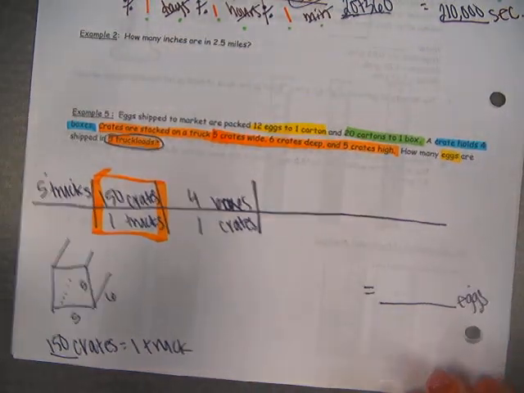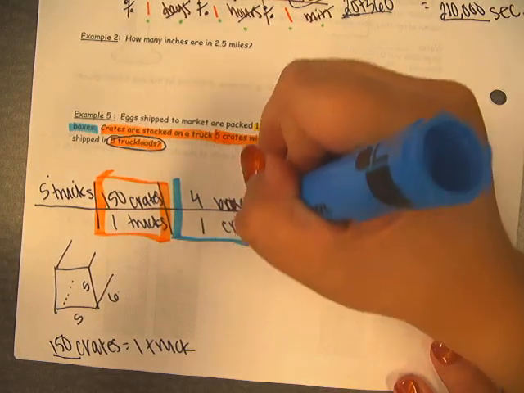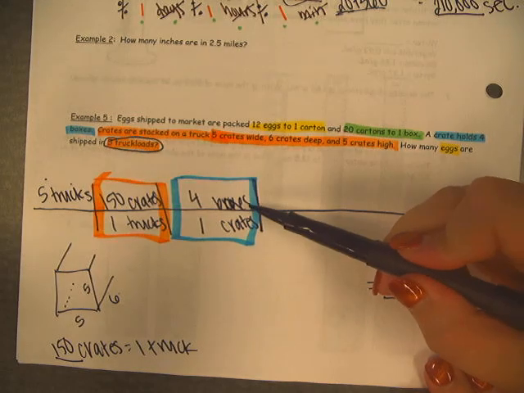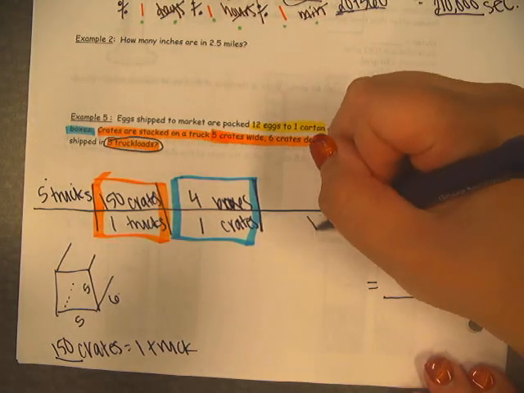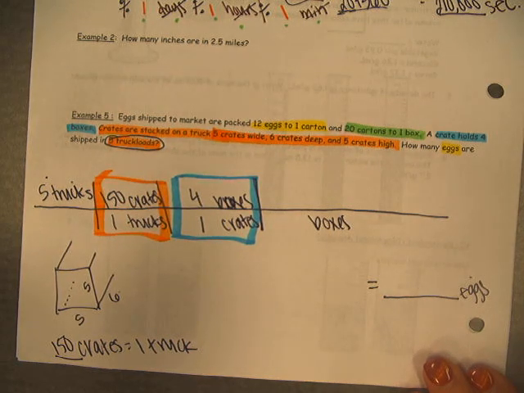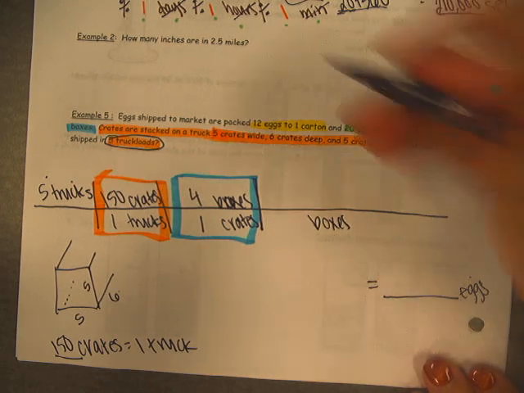That's using my blue conversion factor. If I have boxes up here, I'm going to just go down that unit. So boxes would come to the bottom. Where could I go next? To cartons.